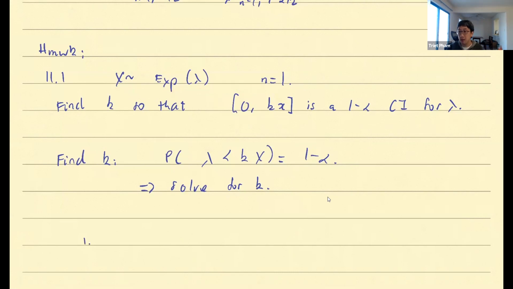First, estimator. What would be an estimator for lambda here? Good, but because n equals 1, what is X bar?